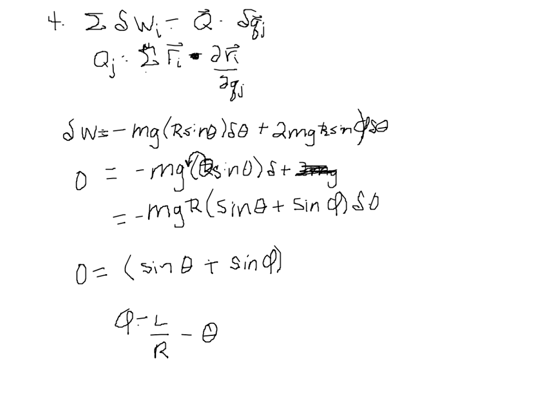So, okay, new page. Come on. So now we have 0, that's a 0, equals sine theta plus sine L over R minus theta.